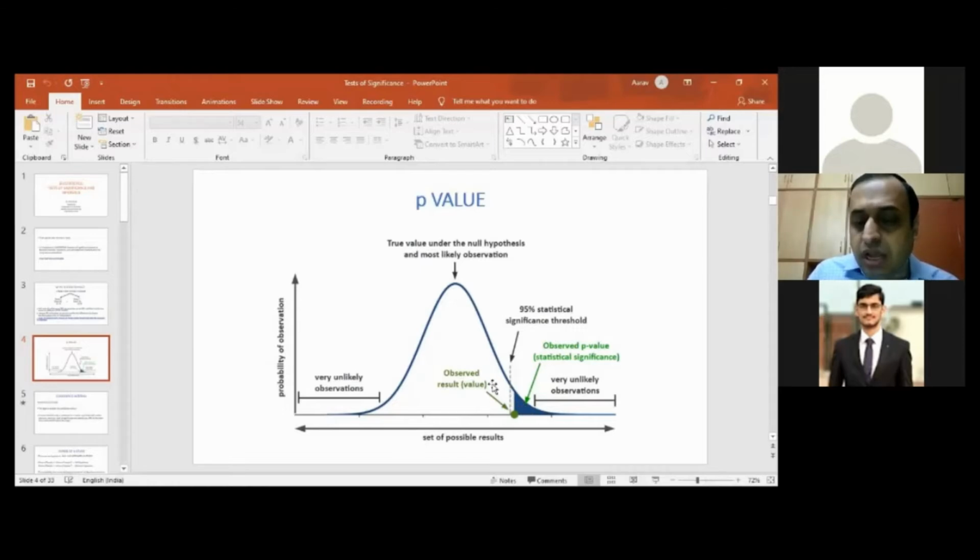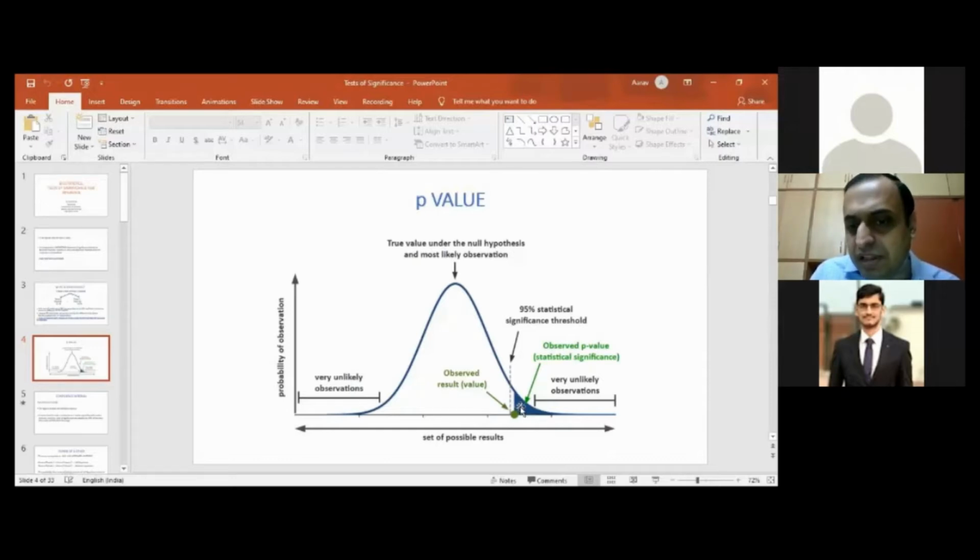If you draw a sample and calculate the value of a particular variable of interest in your study, the probability that the mean of that variable will fall in this area or this area is called the p-value. So p stands for the probability value. The probability of the mean hemoglobin of that 11th sample falling in this area or this area is called the p-value.